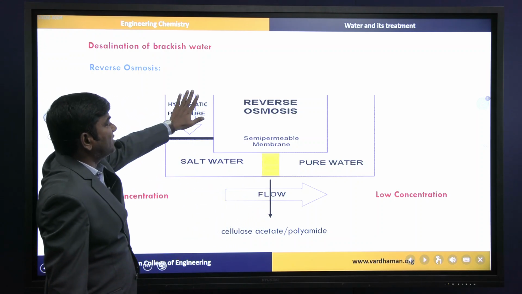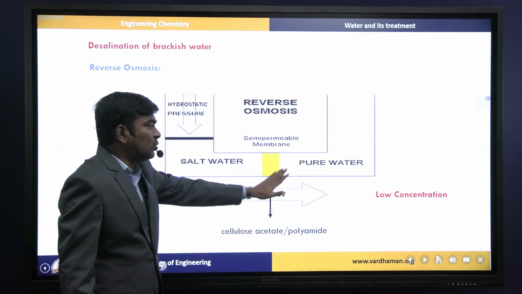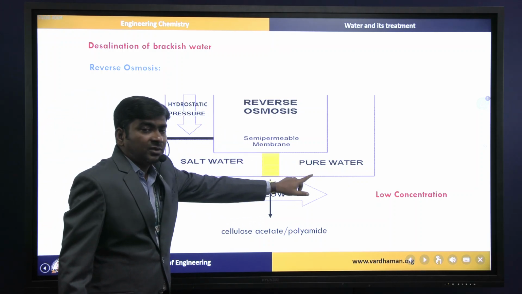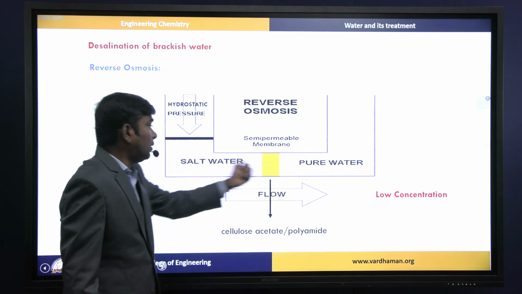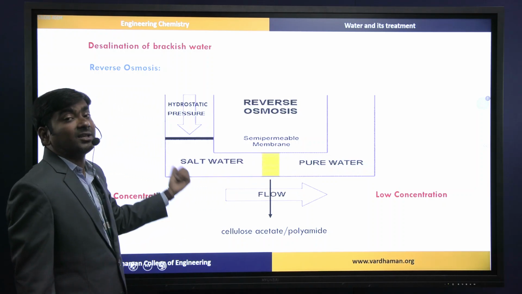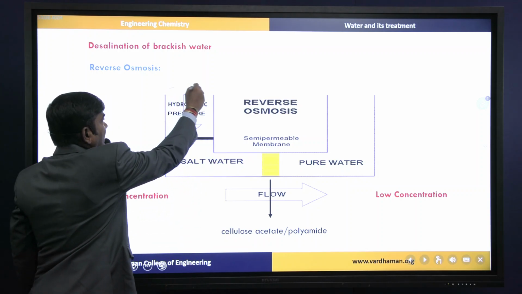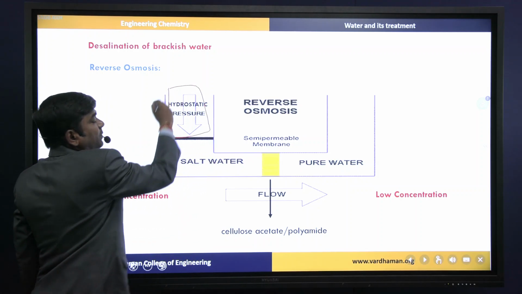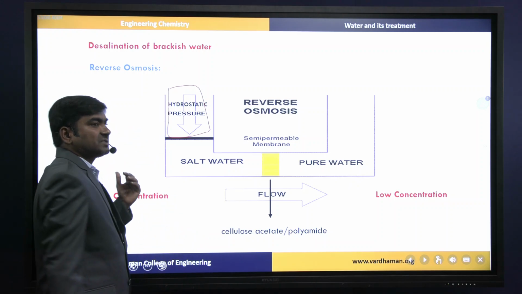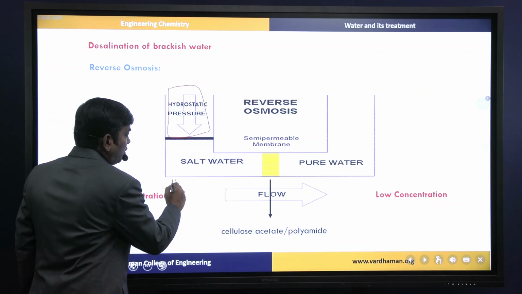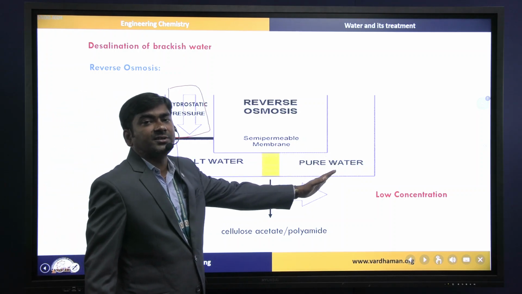If we don't apply hydrostatic pressure, movement of solvent, meaning movement of water, from the right hand side to the left hand side, that means from pure water to salt water, takes place. That is called osmosis. But here we are applying hydrostatic pressure which is greater than osmotic pressure, so movement of solvent, that means water, from high concentration to low concentration is taking place.